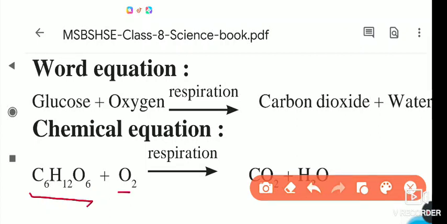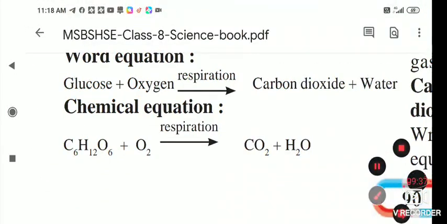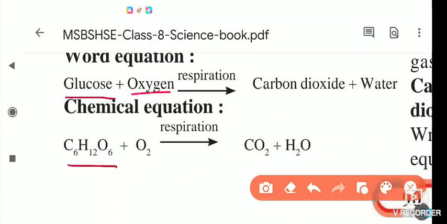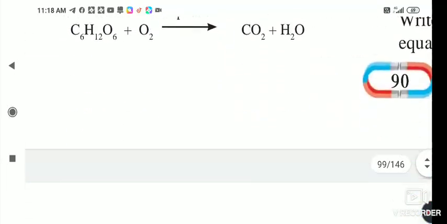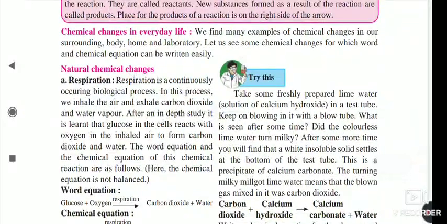When it reacts with oxygen, O2, which we take in respiration, it forms carbon dioxide, CO2, and water, H2O. So we convert the word equation into the chemical equation. This is the first natural chemical change that occurs in our body.